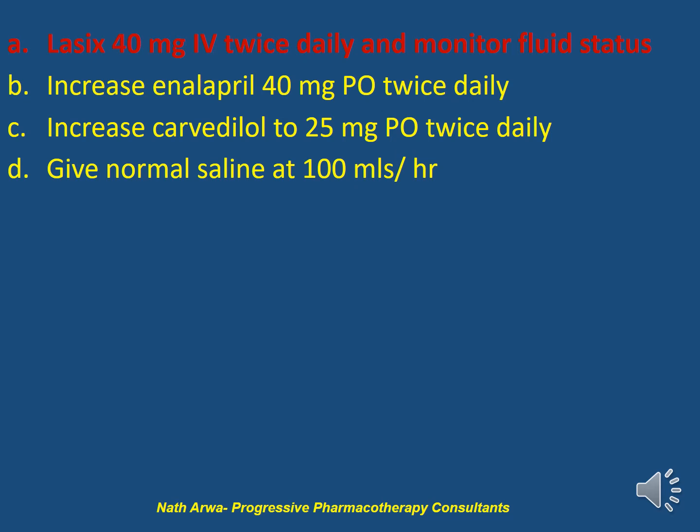Now, for enalapril in option B, the maximum dose should be 20 milligrams BD for the treatment of heart failure. So 40 would be an overdose, and carvedilol would not be increased until after we have stabilized the patient and the IV diuretics have been stopped.